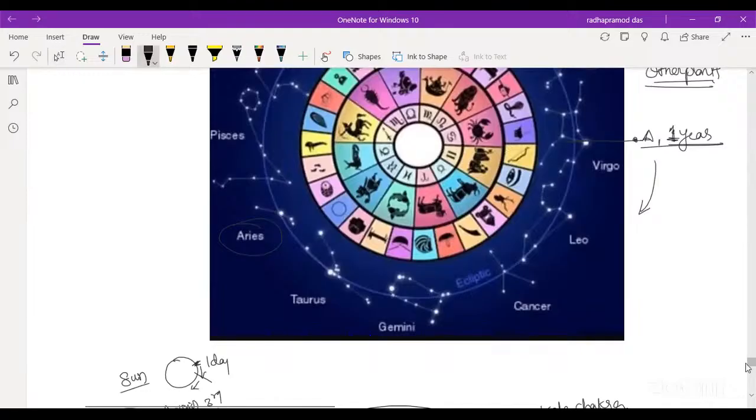Okay, after Aries is Taurus. So Aries is going in the front, and the sun is at the same position. It is coming back here again. But by the time it comes here, the zodiac has moved ahead. So now in place of Aries comes Taurus. Again, the sun came the third day. In the place of Taurus, Gemini comes.